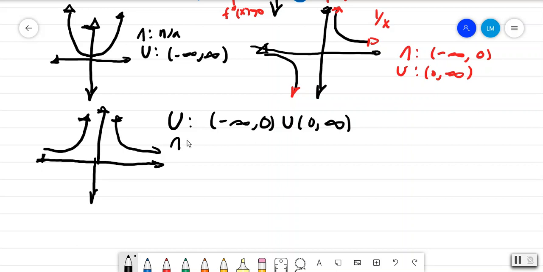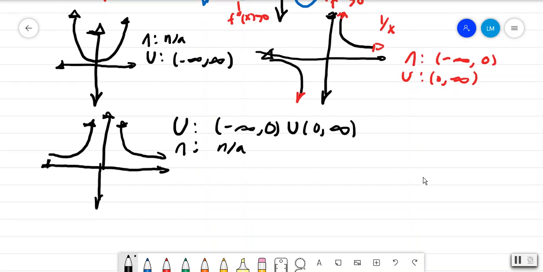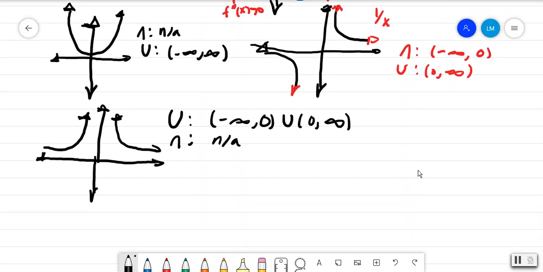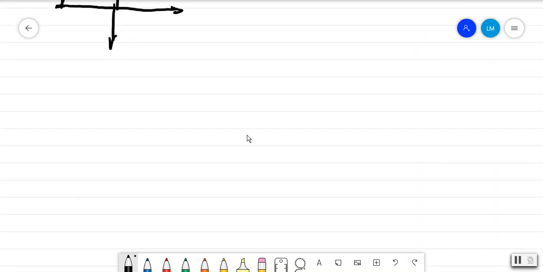So it's not concave down anywhere, but there are also no inflection points either. These are mainly just to let you know that there are many different possibilities that might happen when it comes to second derivatives. But the best thing to do is to really just look at a function.